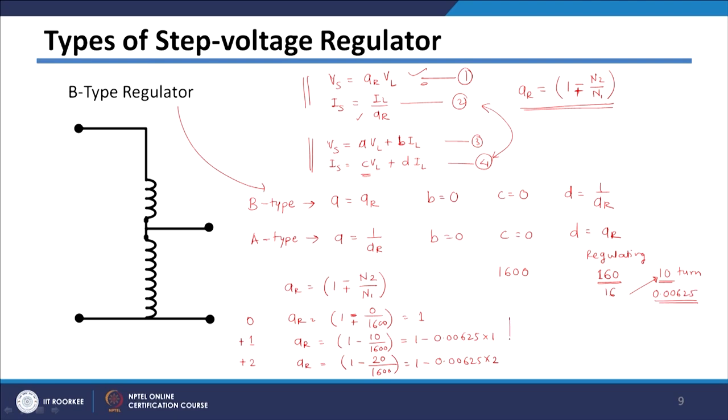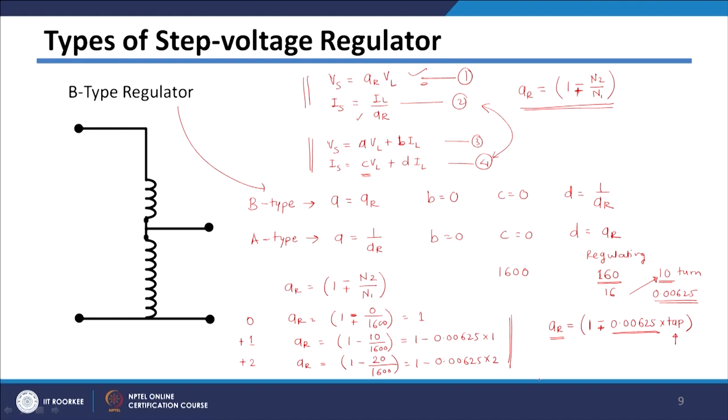In a generalized way I can write AR will be equal to 1 minus plus 0.00625 multiplied by your tap position. So if you know the tap position where your regulator is lying, you can easily find AR, because it will be the tap position multiplied by 0.00625, added to or subtracted from 1.